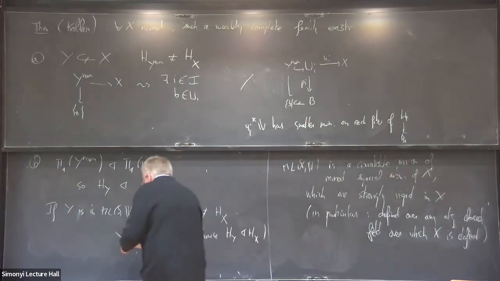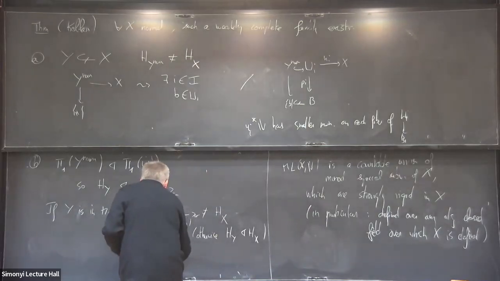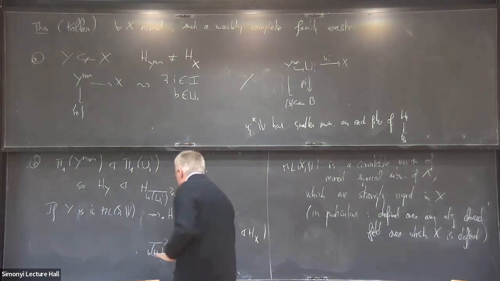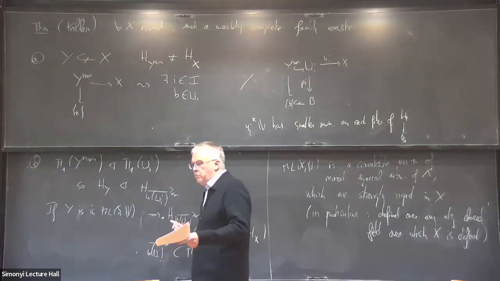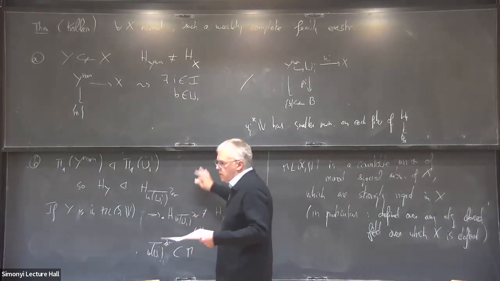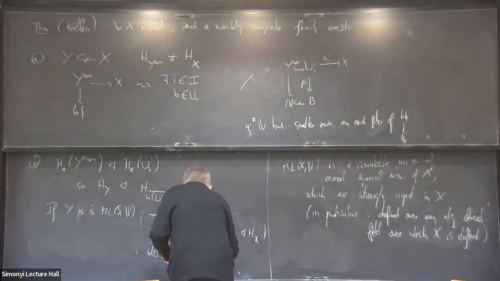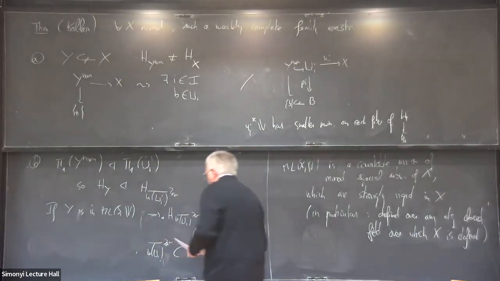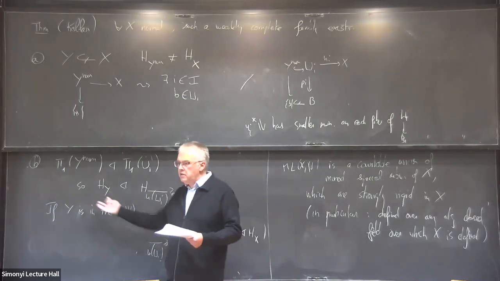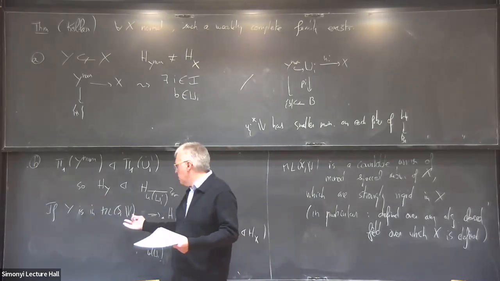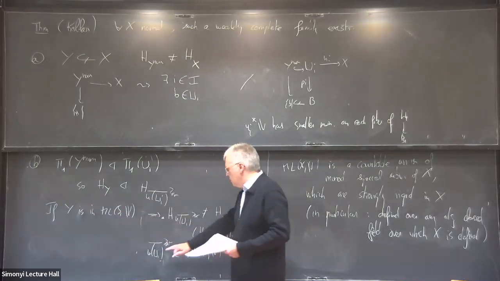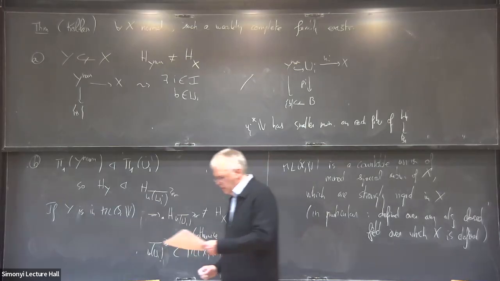But then this means that the union of U_I's is also contained in the monodromy locus. Not only in the big one, but in the small one, because otherwise it would be contained in a normal subgroup, and so the smaller group would also be. So now if you assume that Y is maximal among those ones, this exactly means that Y has to be equal to this thing.